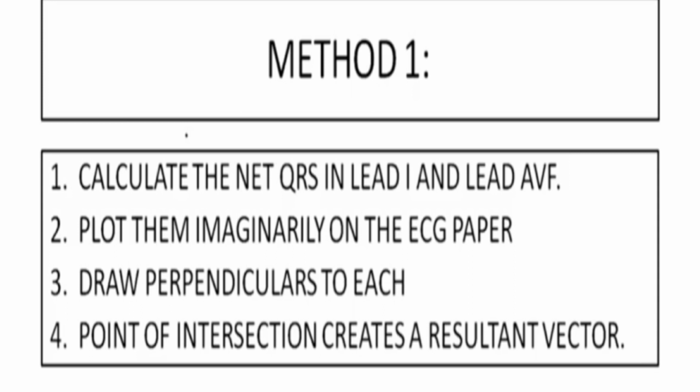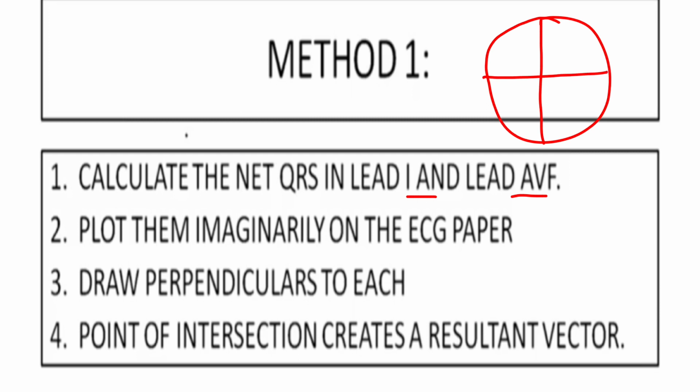So for axis calculation, we have to use lead 1 and lead AVF. We draw the plot, we draw a quadrant and we see in which quadrant the axis lies. Okay, we will apply this method in subsequent slides.